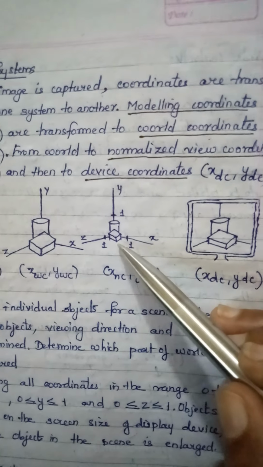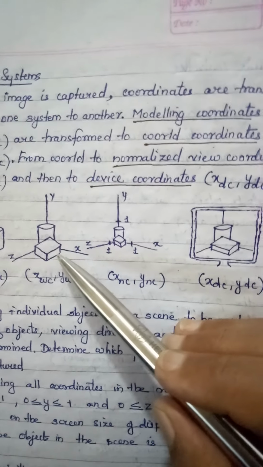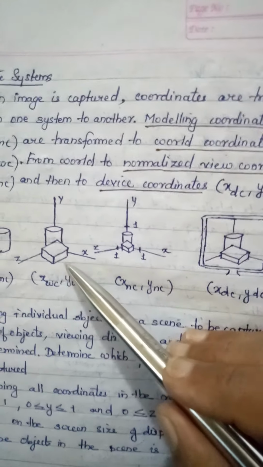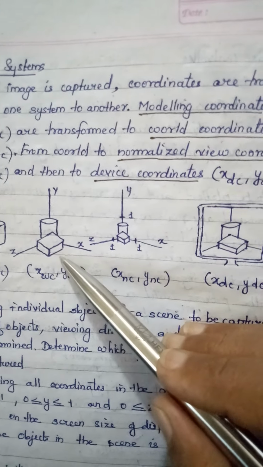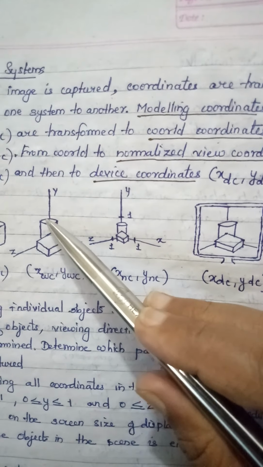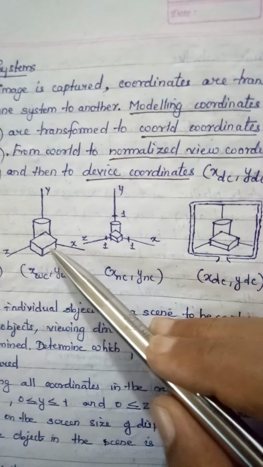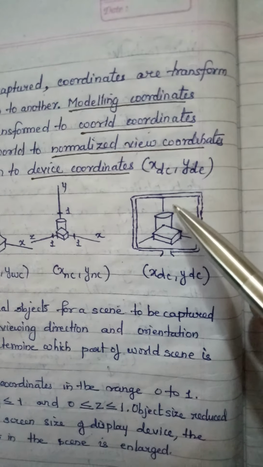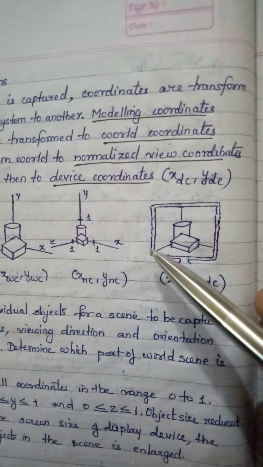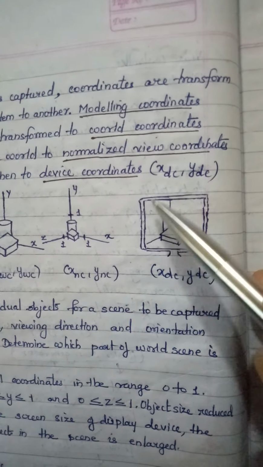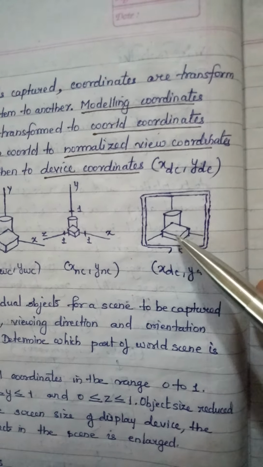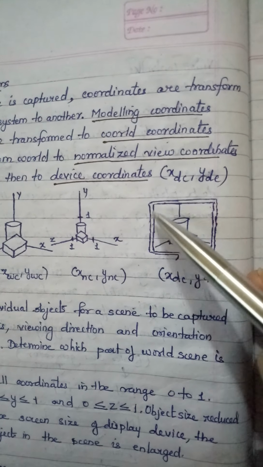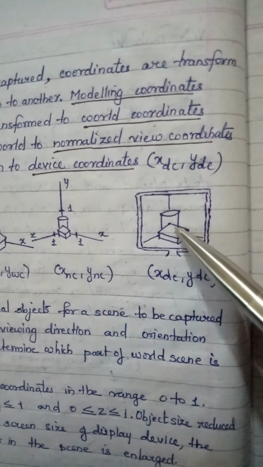See, you might have observed that the real life size of the objects is very large. The cylindrical object may be very large, the cubical object will be very large, but when the image is captured using a camera or a mobile, depending on the size of the frame or the screen size of the display device, the object size also reduces.